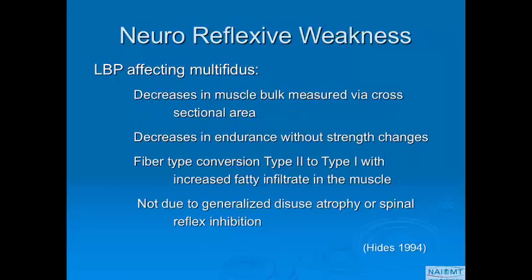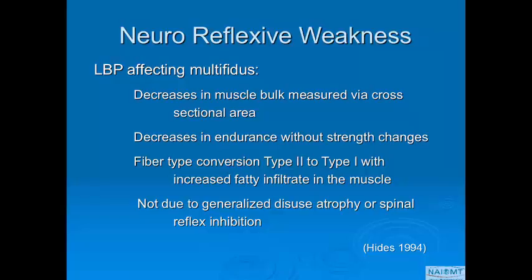The work of Julie Hides demonstrated neuroreflexive weakness associated with low back pain, affecting the multifidus muscle in the lumbar spine. They measured differences in cross-sectional area, showing a loss of muscle bulk.